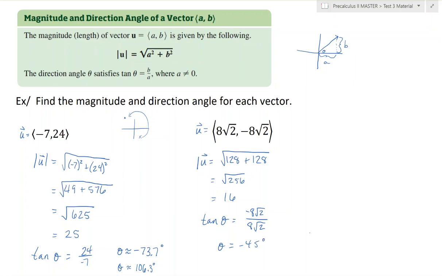We want to get a positive coterminal angle because here we're at a positive 8√2 and negative 8√2. We're down here. So to get a positive coterminal, we're going to add 360. So theta is actually 315 degrees. Now, if you don't use your calculator, you can just go straight from here to here using your unit circle facts.